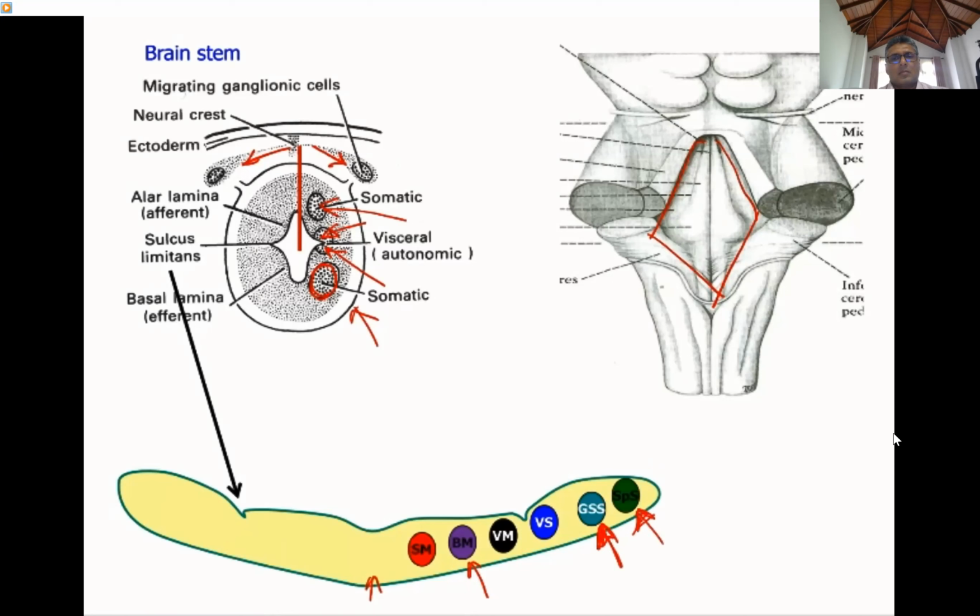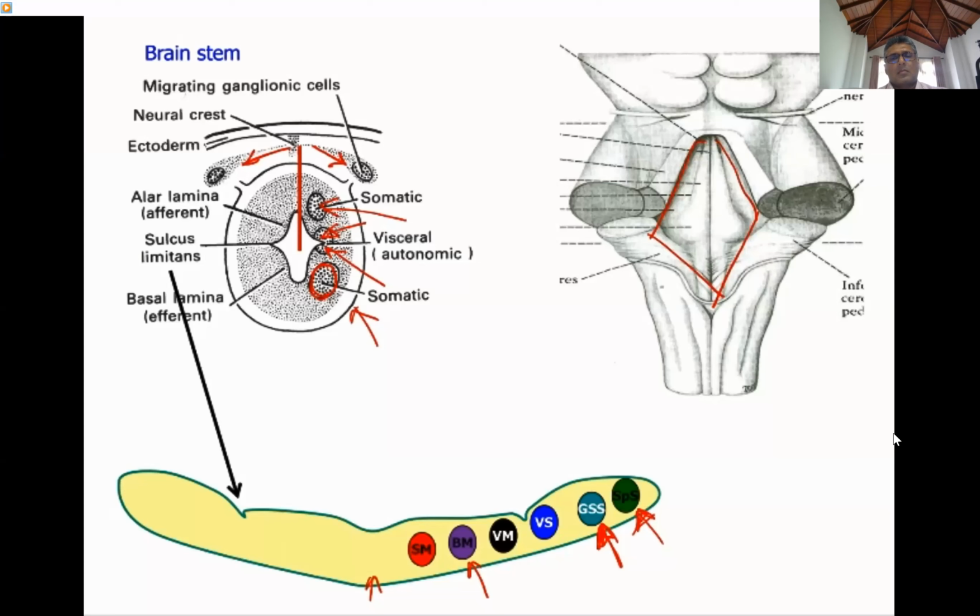But you need to remember one thing here: the optic nerve for vision is not part of the brainstem. It bypasses the brainstem and does not have nuclei in the brainstem. And the olfactory nerve for smell also does not enter the brainstem and has no nuclei in the brainstem.